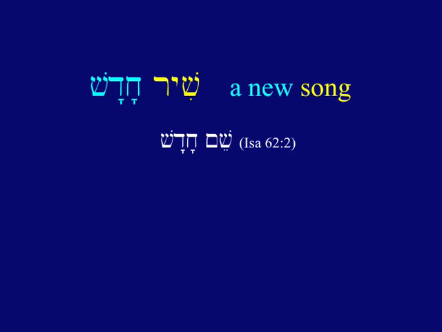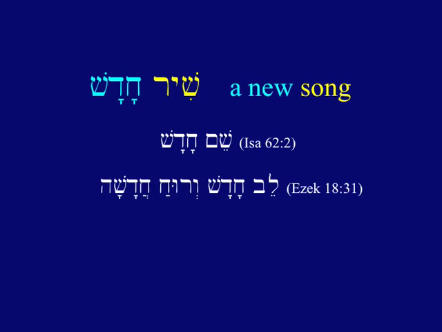Shem chadash, a new name. Lev chadash v'ruach chadasha. What's lev? It's a heart. Lev chadash, a new heart. V'ruach chadasha, you can see chadasha, this adjective now has a feminine ending to correspond to the feminine noun ruach, a new spirit.